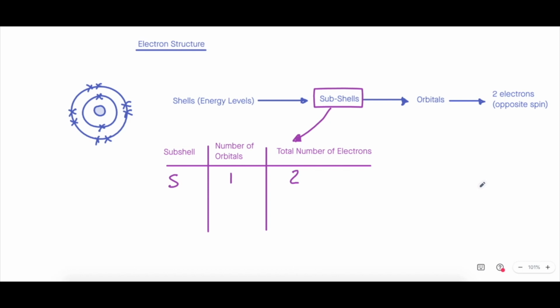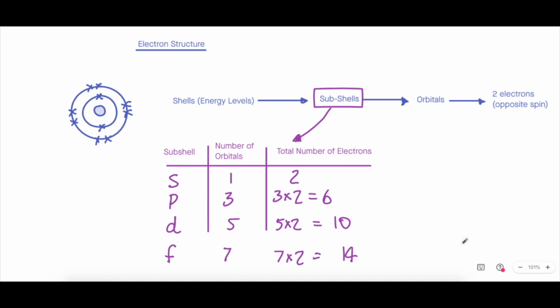Next is a P subshell, and that contains 3 orbitals, which means the total number of electrons would be 3 times 2, which is 6 electrons. Next up is a D subshell, which contains 5 orbitals, meaning in total it can hold 10 electrons. And finally, an F subshell has 7 orbitals, which means it can hold 14 electrons.